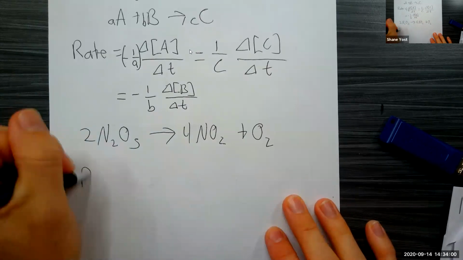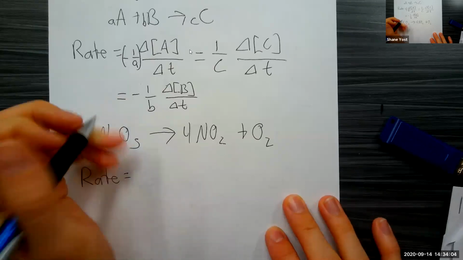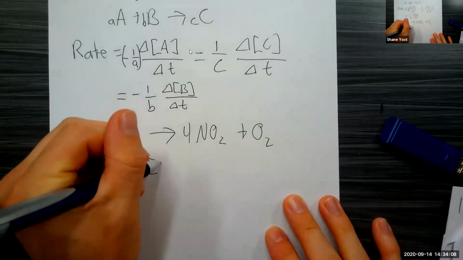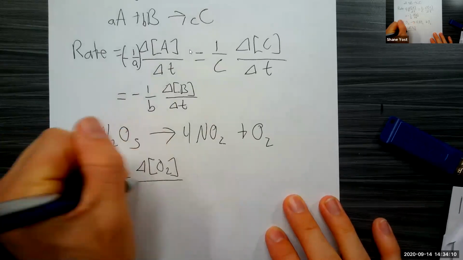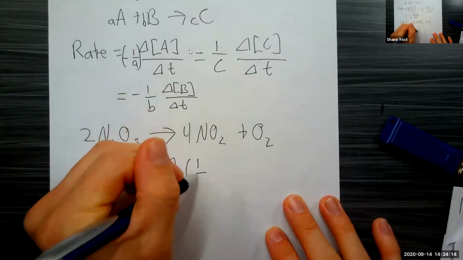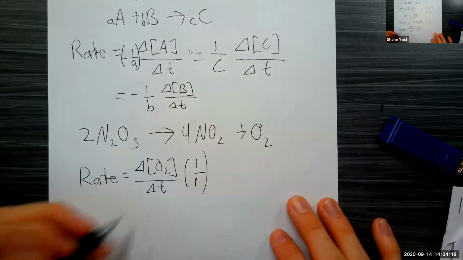If I define the rate of the reaction, in my example I talked about measuring the change in concentration of O2 over change in time, and multiplying it by 1 over the stoichiometric coefficient, which happens to just be 1. Then I measure some rate.